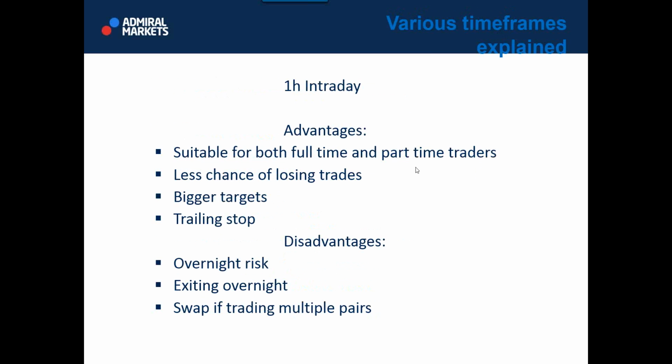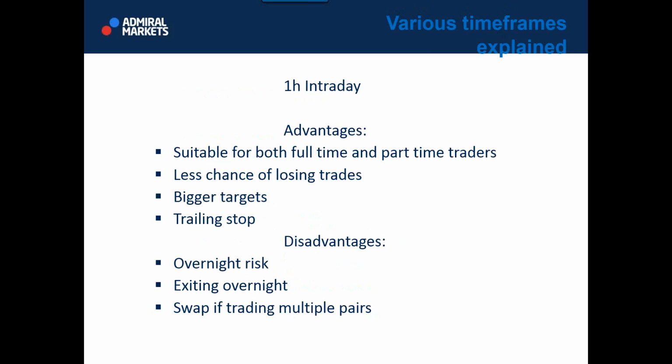Okay. 1 hour intraday is, in my opinion, the best suited for intraday trading, unless you want to scalp here and there. Usually, if you make intraday positioning, it's great because it's suitable for full-time and part-time traders. You can also have 4 or 5 pairs simultaneously opened and looking for an entry, so you don't have to babysit.